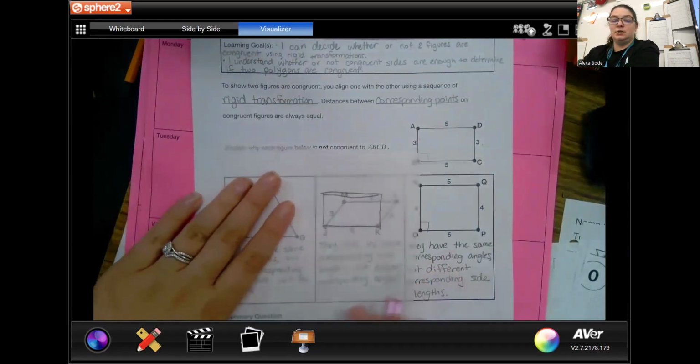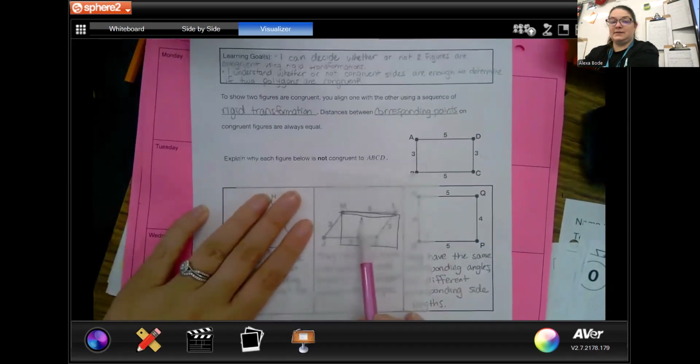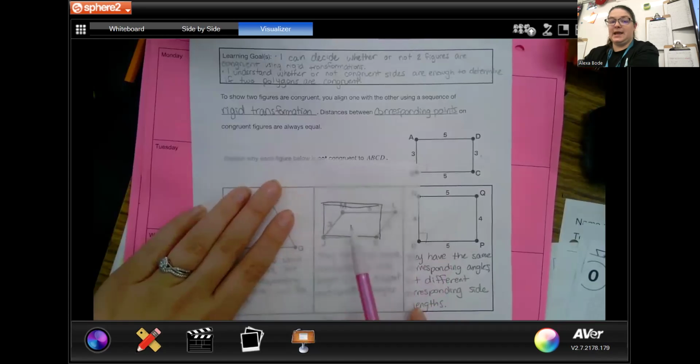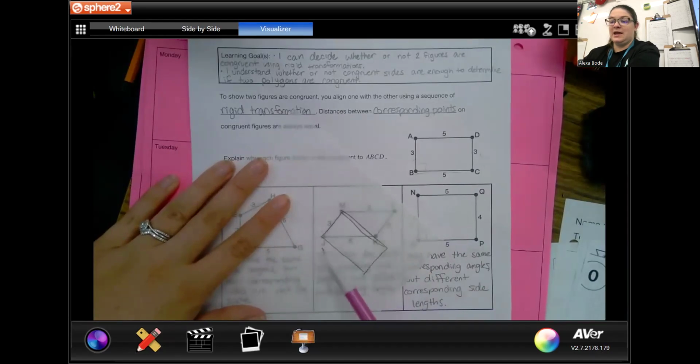Over here, this side length is the same. This side length is the same. But because the angles don't match up, even though I can rotate this and this side length is the same, I can't rotate this part too. Or like I can't keep this part the same and then rotate this.